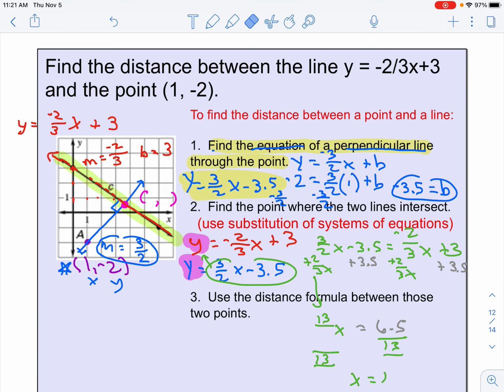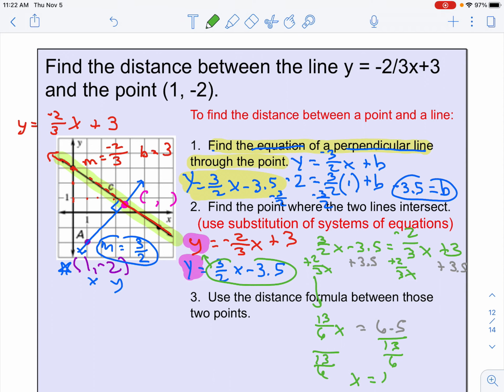Let me just go back and check my work. So I am taking 3/2, I'm going to do that part again just to double check. So 3/2, I may have typed something into my calculator wrong, plus 2/3. Okay, I'm getting the same thing, so 13/6. Looks like it's right. It was right the first time.